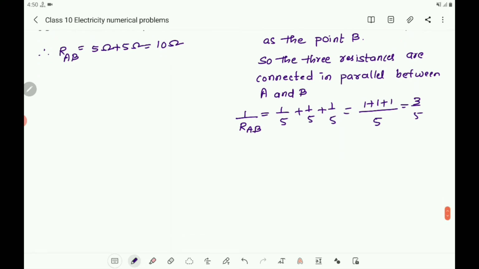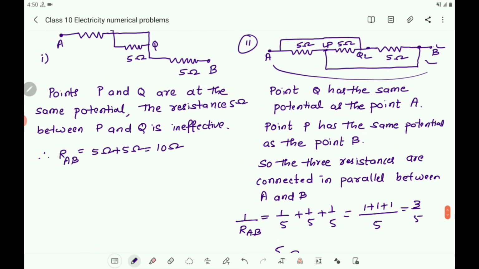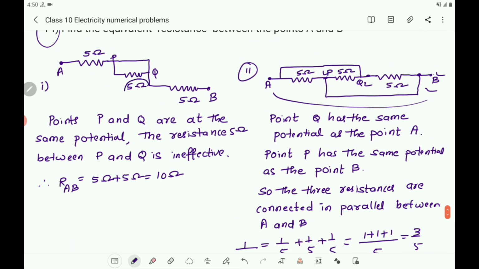So RAB equals 5 by 3 ohms. Only that much is enough, 5 by 3 ohms. Here we have to consider the parallel connection.